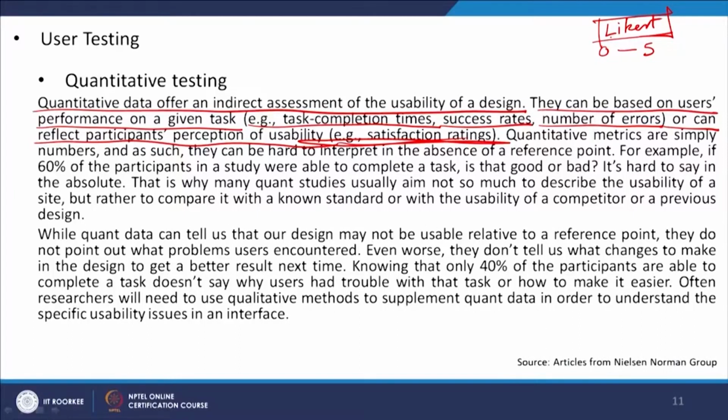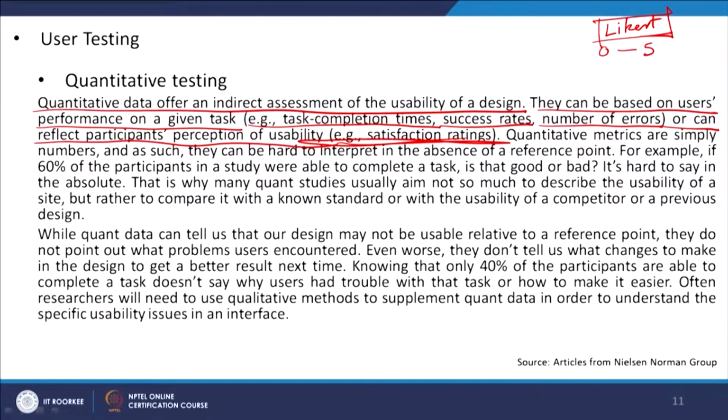Satisfaction while using the product is a very qualitative concept, but when users put this satisfaction in 0 to 5, which is a number, or any other numbers, that qualitative concept is transferred into quantitative numbers. So that can also happen in quantitative testing. Then through a large sample size, these numbers can be statistically calculated to achieve the satisfaction rate for the particular product.